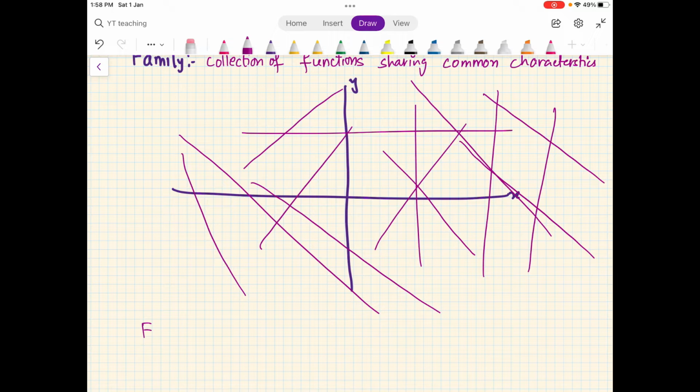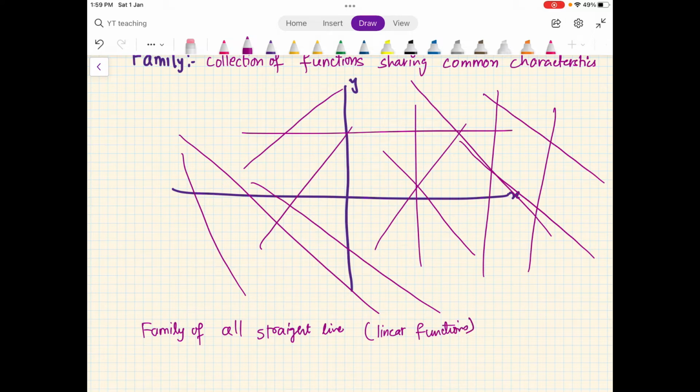So we can have a family of all straight lines. And we know that these are linear functions, right? The graphs of straight lines represent linear functions.